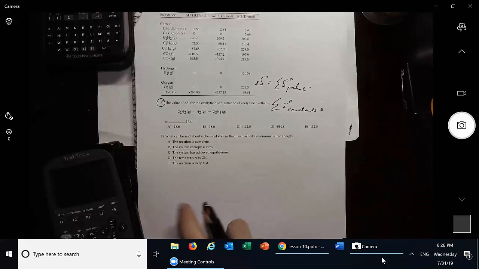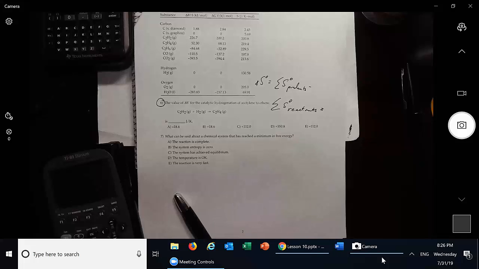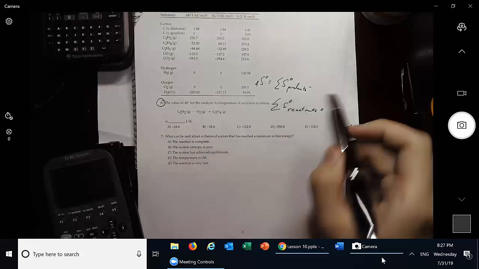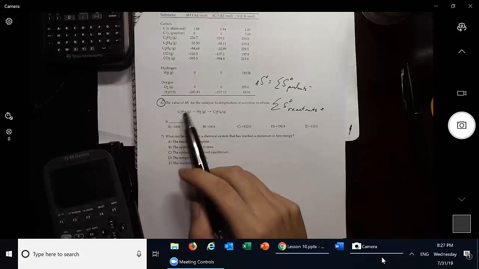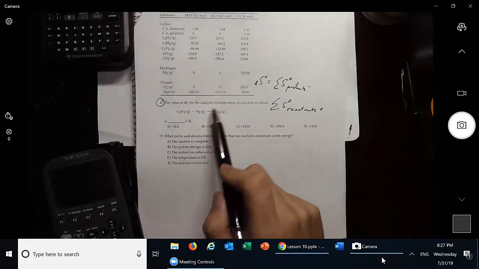Okay, so you get the formula here. And we actually don't even have to do any calculation to get this result, because we notice we have 2 molecules of gas going to 1 molecule of gas.